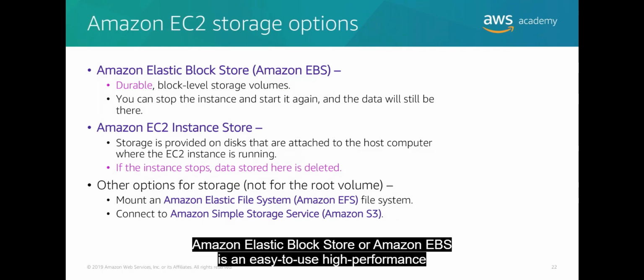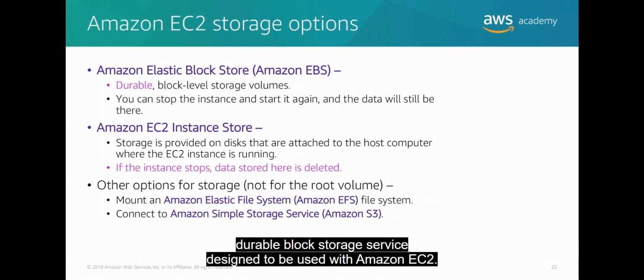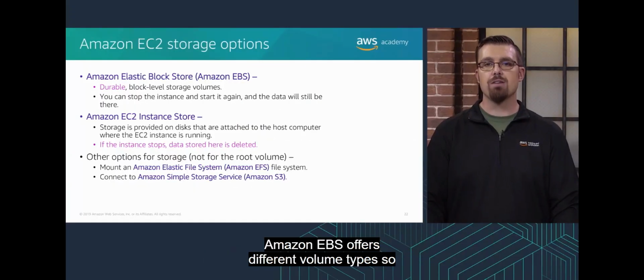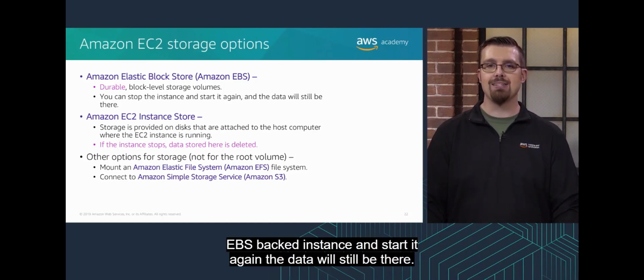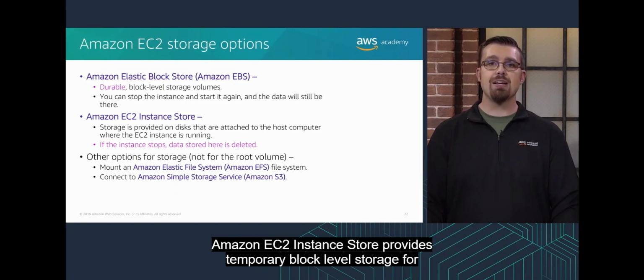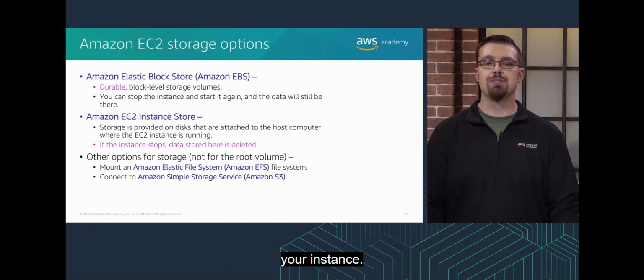Amazon Elastic Block Store, or Amazon EBS, is an easy-to-use, high-performance, durable block storage service designed to be used with Amazon EC2. Amazon EBS offers different volume types so that you can balance price and performance. If you stop an EBS-backed instance and start it again, the data will still be there. Amazon EC2 Instance Store provides temporary block-level storage for your instance.